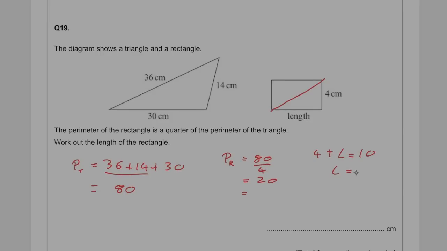So L has got to be equal to 6. You could have said 20 is equal to 8 plus 2L. I've just taken a shortcut and said that half the perimeter will be just the length plus 4.